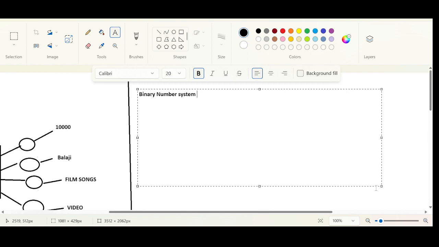See, the name itself specifies it. The base of the binary number system is 2. Bi is representing 2. Bi means 2. So the base of the binary number system is 2.